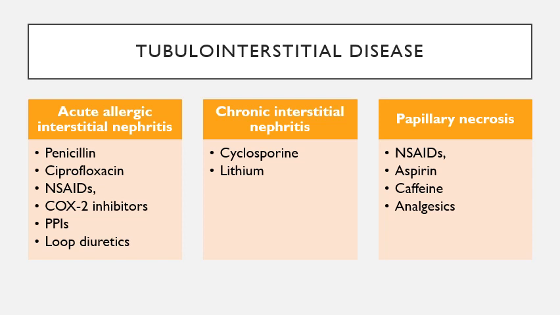Second is the chronic interstitial nephritis that will result after some time of the use of the drugs, and these may include cyclosporine and lithium. Finally, papillary necrosis can be caused by NSAIDs, aspirin, caffeine, and the analgesic drugs.